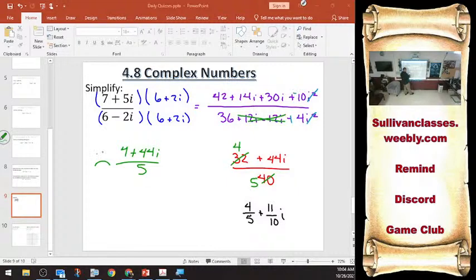Bad. I'll see kids do, okay, maybe they take 4 out of each, and they leave it as 8 plus 11i over 10. Not wrong, but also not right.